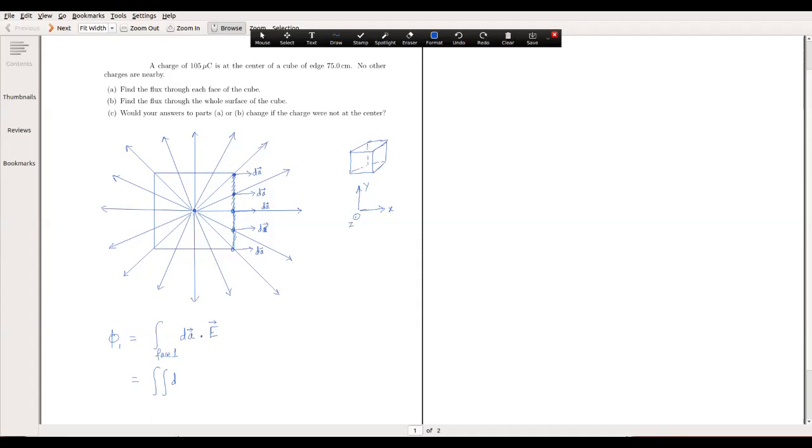So this is dy times dz, because this plane that we're talking about, face one, that's an integration over y and z. I won't really need to do this integral, but I'm trying to illustrate how complicated this could be and how Gauss's law is going to simplify this whole calculation.